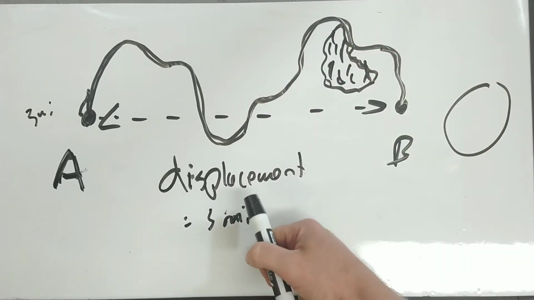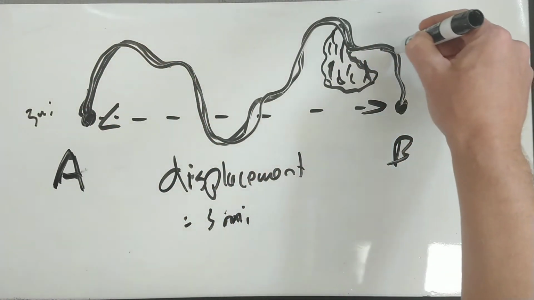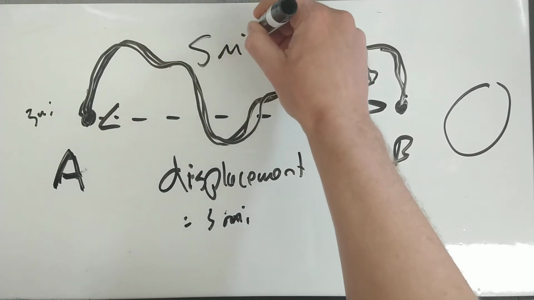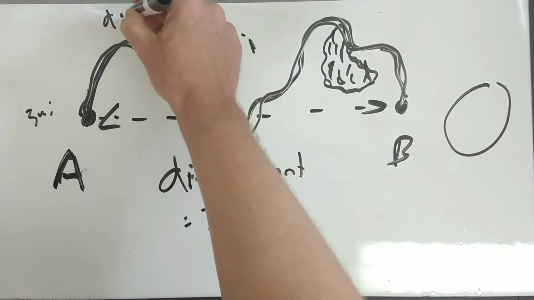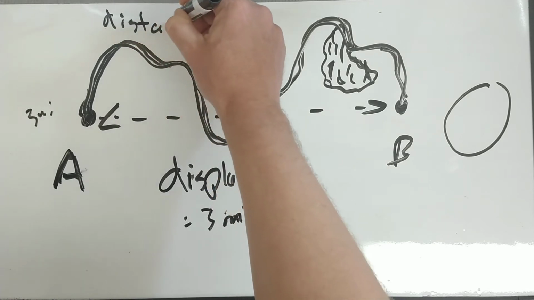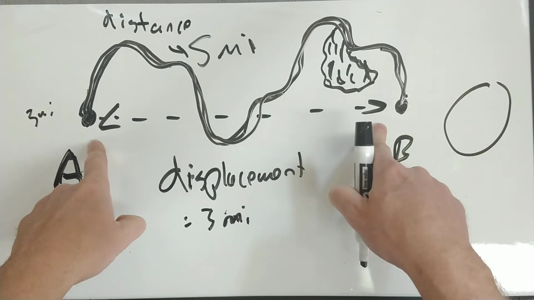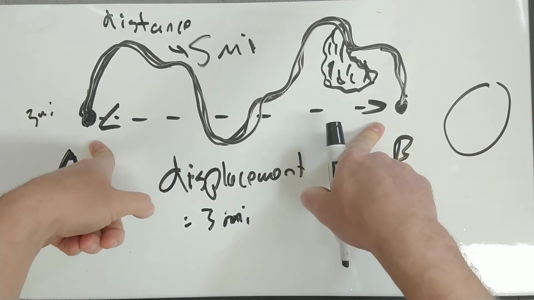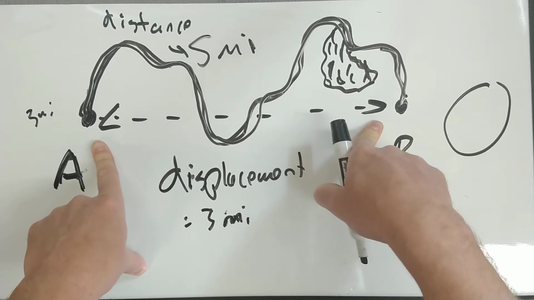But we probably actually walked more like 5 miles, which took a little longer than we were hoping for. So that was the distance we actually traveled: 5 miles. However, our net displacement from beginning to end was only 3 miles. It took us, I don't remember how long, maybe an hour or an hour and a half.